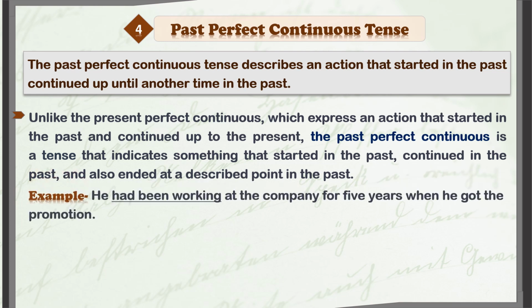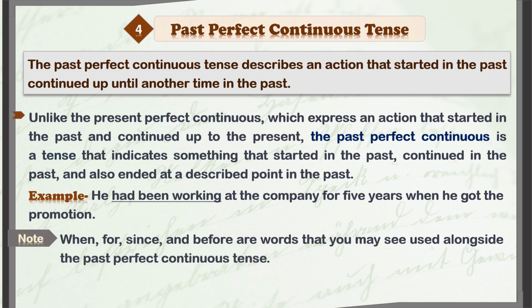For example, she had been drinking milk out of the carton when mom walked into the kitchen. Example 2. He had been working at the company for 5 years when he got promotion.